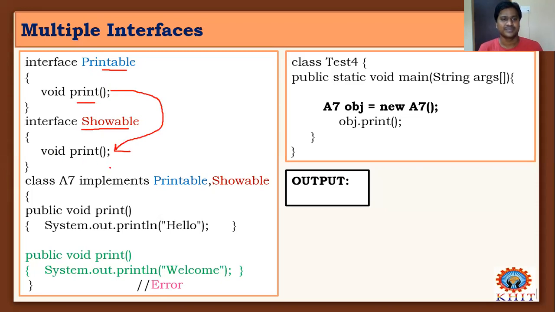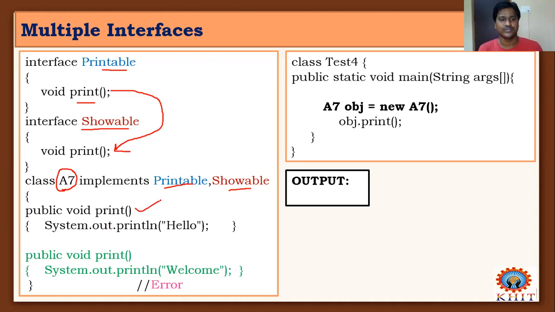When two interfaces exist like this, and the class A7 is going to implement both printable and showable, then, as in the previous example, the mandatory condition is that the methods defined by these two interfaces must be implemented in the class scope.